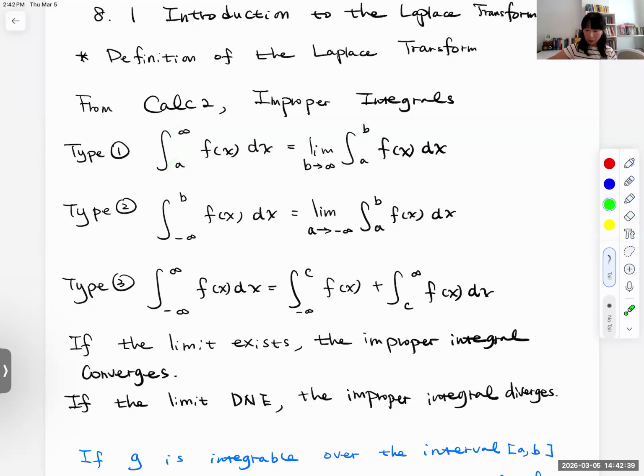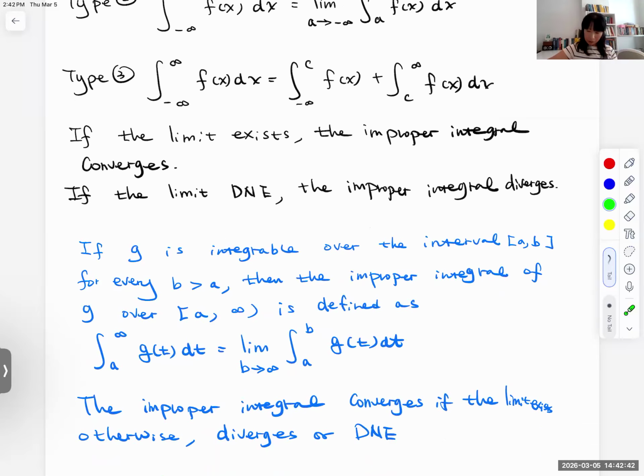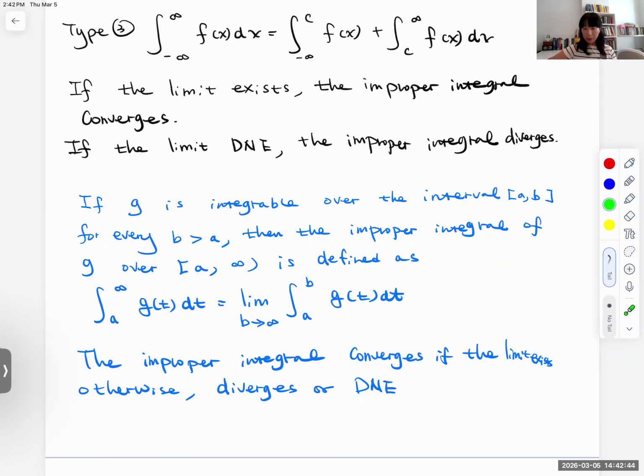It is very similar, but we are using the function of time t instead of x. Same thing: the integral converges or diverges. Converges means going to one number; diverges means going to positive or negative infinity.